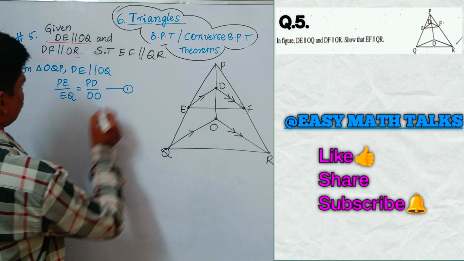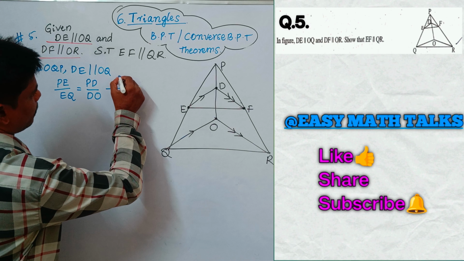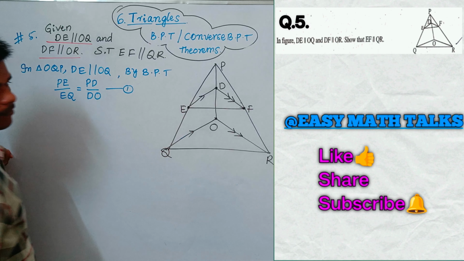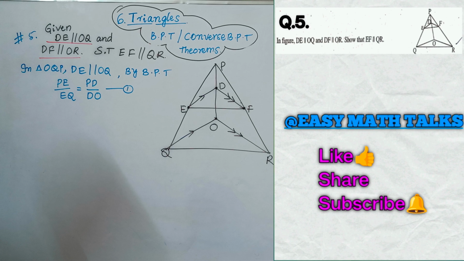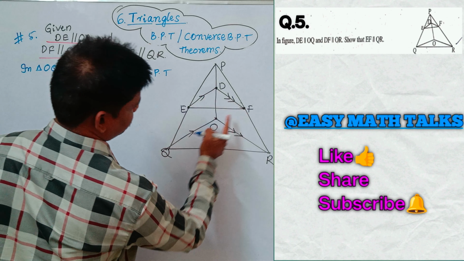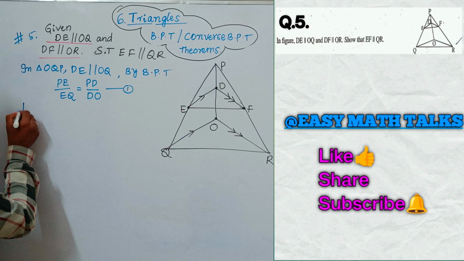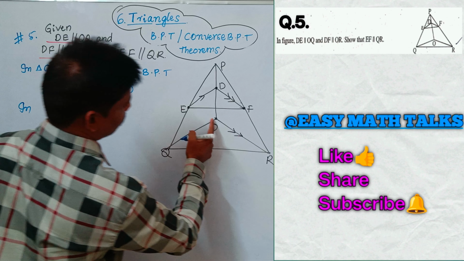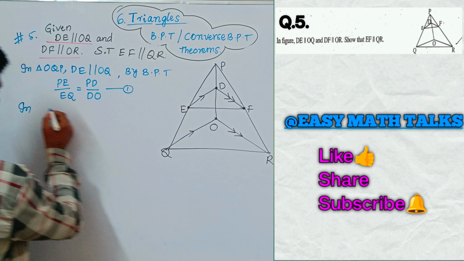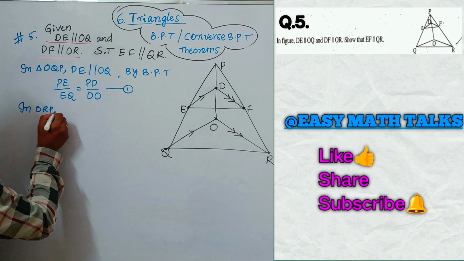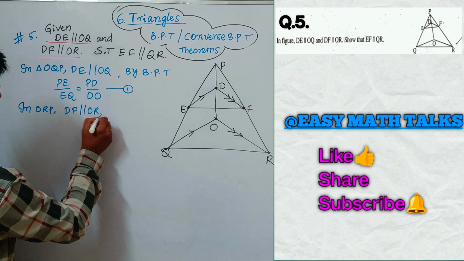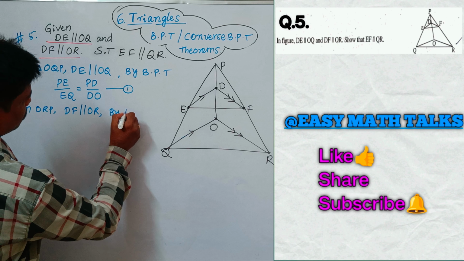Why are we using this? By the BPT theorem. Next, one more statement here: DF is parallel to OR. So consider the triangle ORP. Given DF is parallel to OR, here also you have to use BPT.